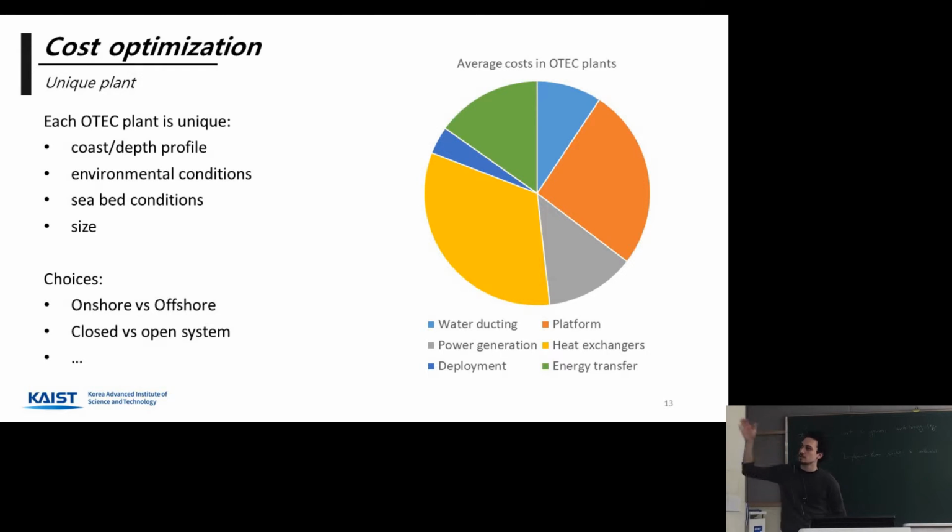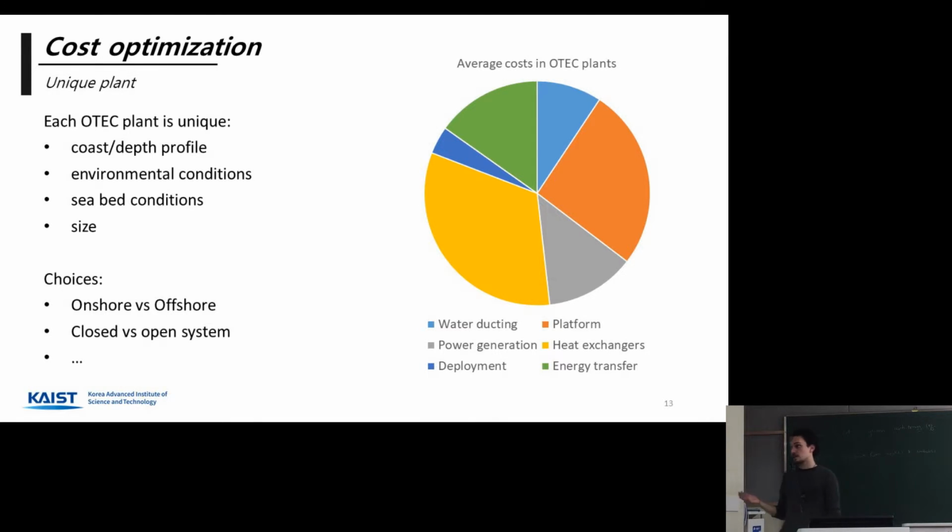It has a unique cost and debt profile. Every project has different environmental conditions and also seabed conditions, and most important, the size. And because of this, the engineers of the project should really think about the design in order to reduce and optimize the cost of the plant.